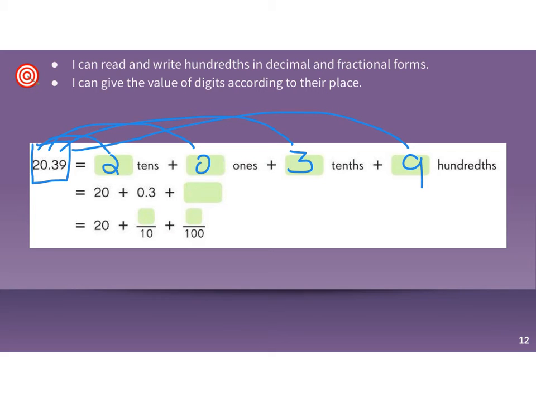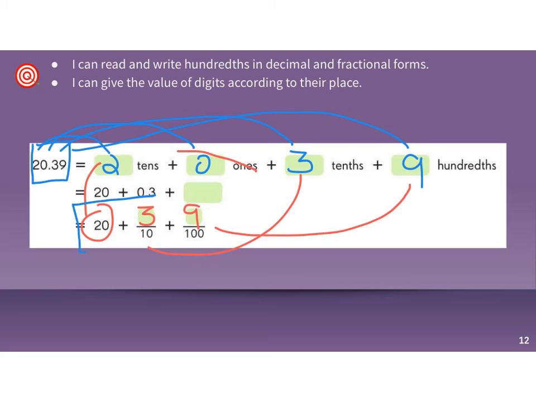So 2 tens would have the value of 20. There are 0 ones, so I can leave that out. It has the value of 0. 3 tenths would have the value of 3 tenths as a fraction, and 9 hundredths would have the value of 9 hundredths as the fraction.